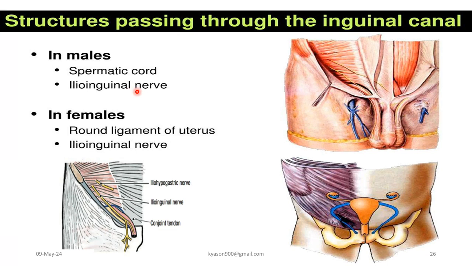When you touch your scrotum, you can feel that touch because of the ilioinguinal nerves. When you touch your labia, you can feel that touch because of the ilioinguinal nerves. So they innervate the external genitalia, but they also pass through the what? They pass through the canal to reach the external genitalia.